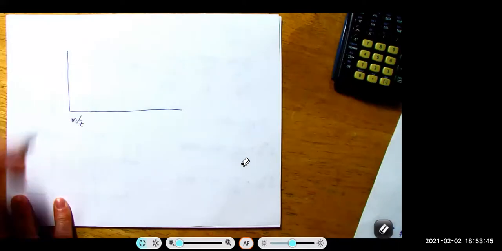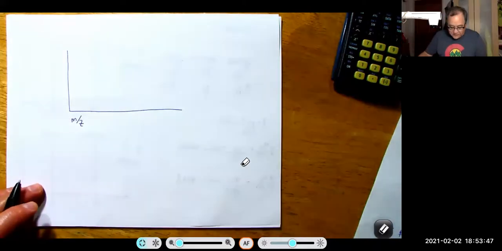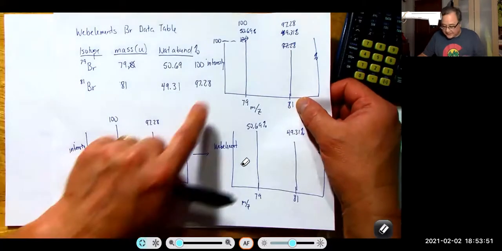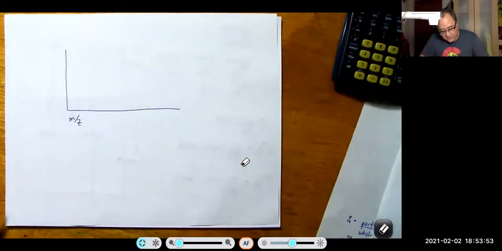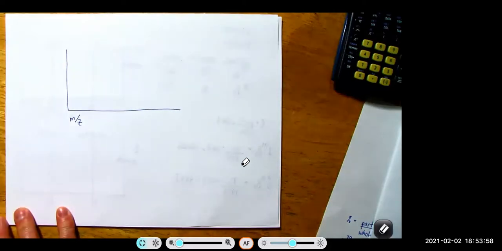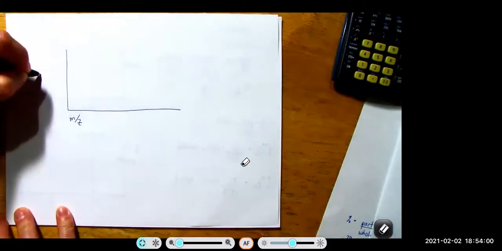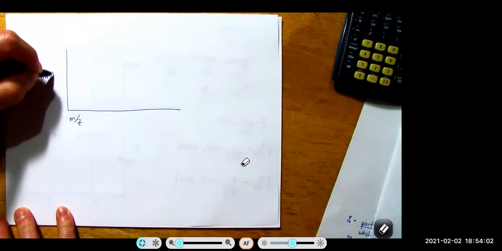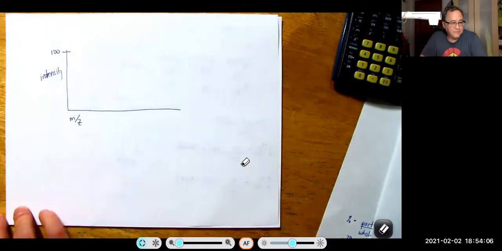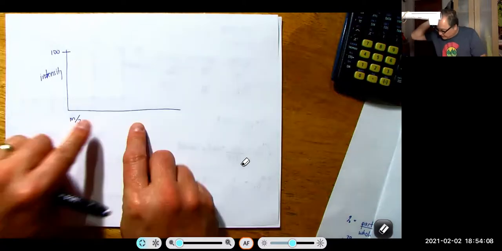Right. And if you take a look here, intensity, right? So what are we going to put here? Intensity. And we want our biggest one to be 100.